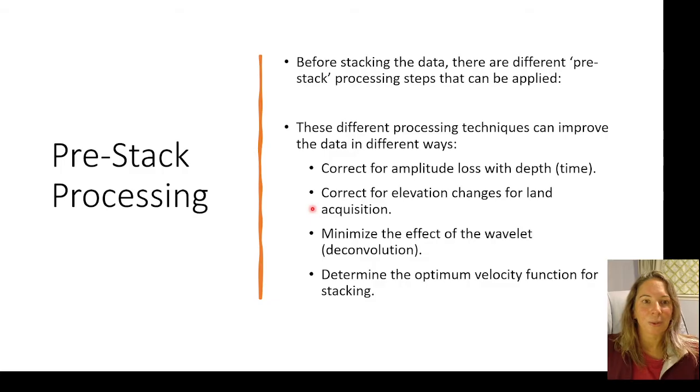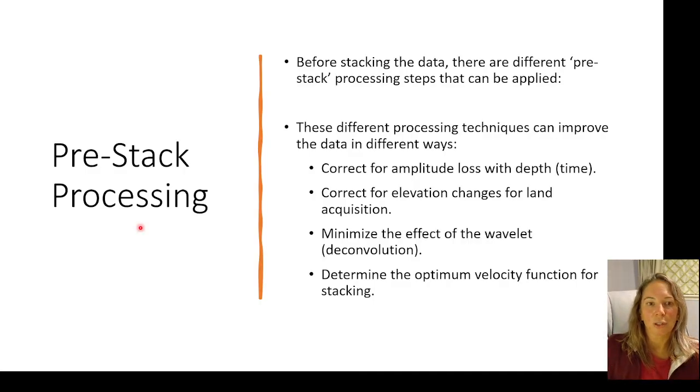Okay, so we've covered some of the concepts and processes for stacking seismic data, and I want to go over now some of the other things that we do prior to stacking the data. These are things such as correcting for amplitude loss with time. As our energy goes through the earth, we lose some of the amplitude, and we may want to equalize that along depths.